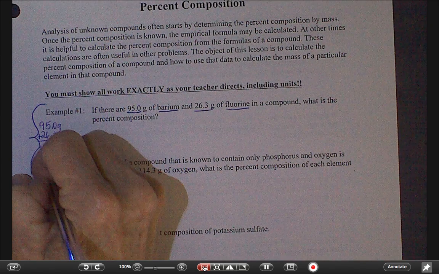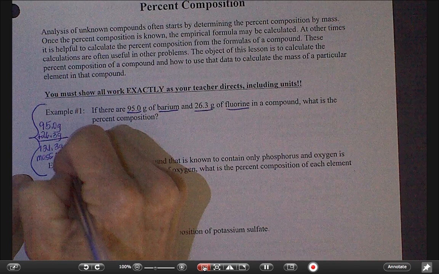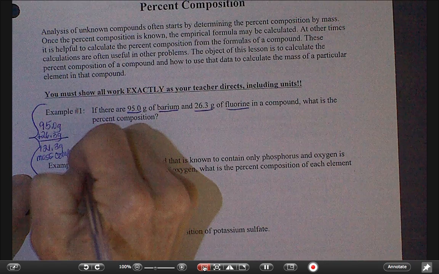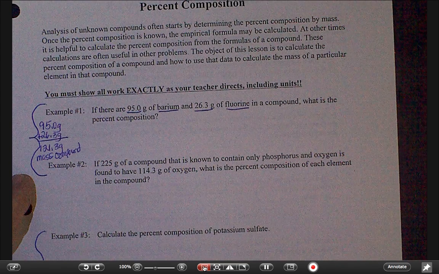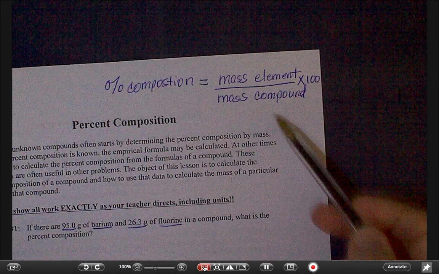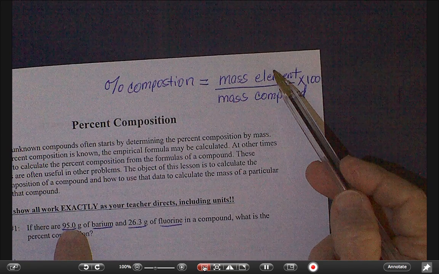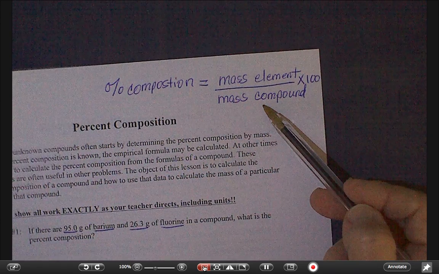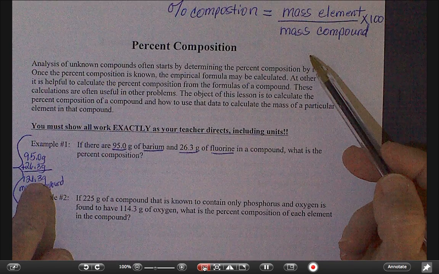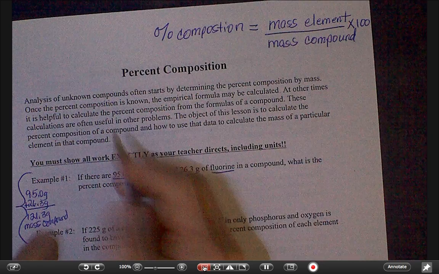So this is the mass of the compound. Extremely easy. Now, following this formula, kids, take the individual mass of the element, divide it by the total mass of the what? Times 100.